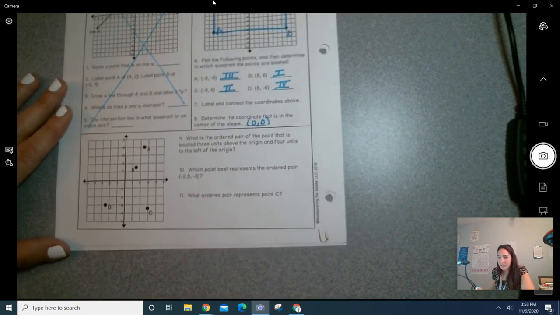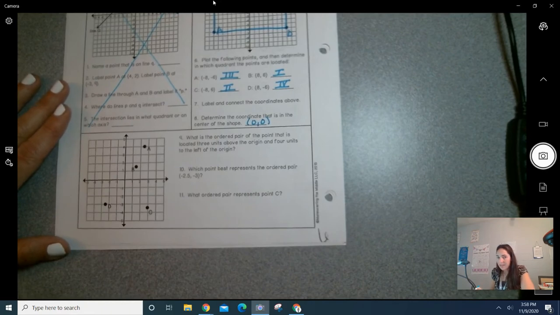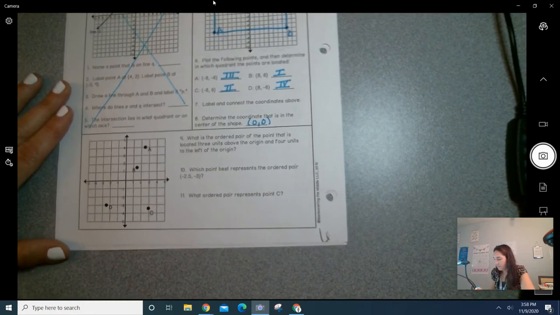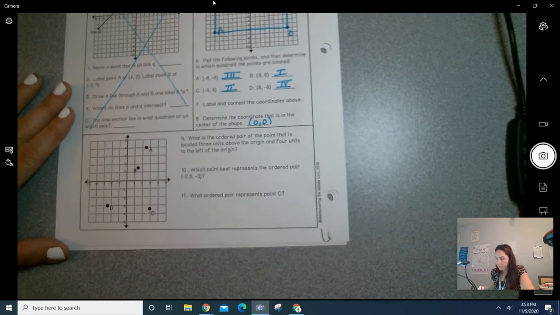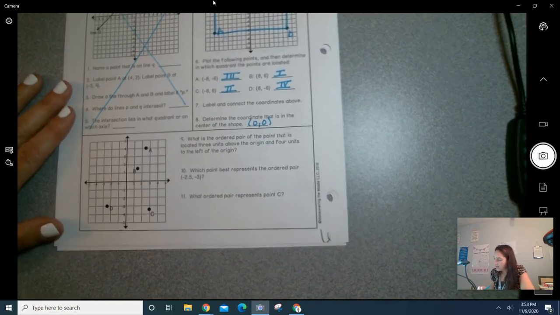Okay, now take a few minutes and do 9, 10, and 11, and then we'll come back and check them. Okay, number 9 says, what is the ordered pair of the point that is located 3 units above the origin and 4 units to the left of the origin?